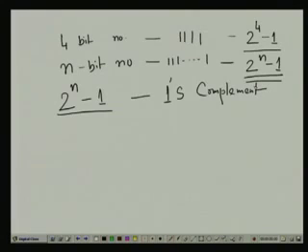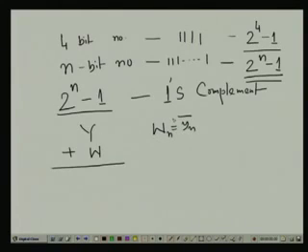So, that means what we have seen is that y plus w, where wn is yn bar, is always 1, whatever be the bits, if it is n bit.